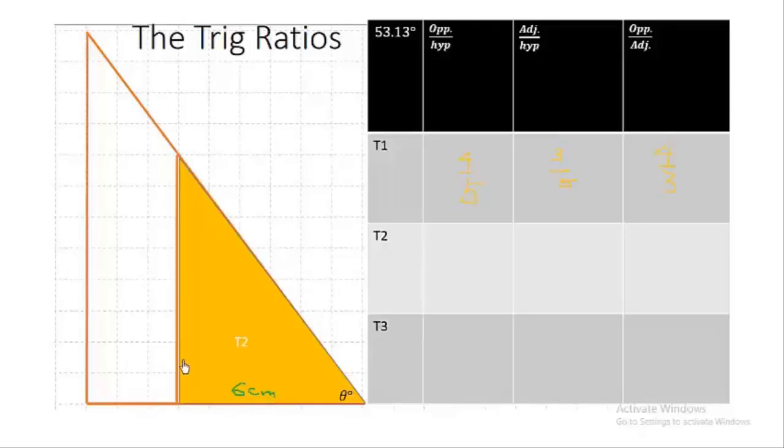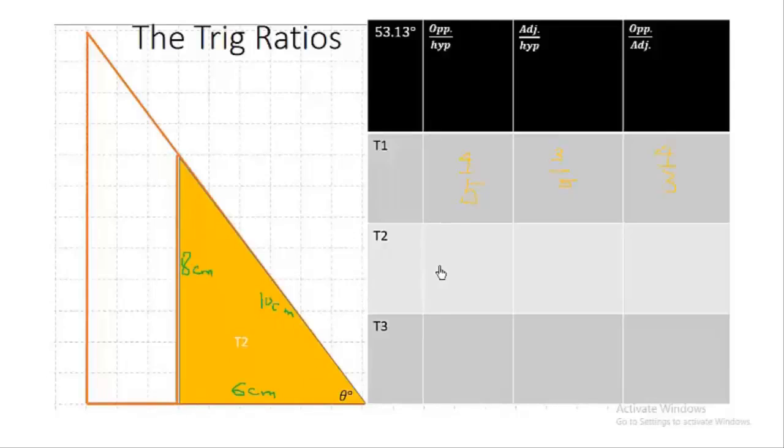Then this is 1, 2, 3, 4, 5, 6, 7, 8. So this is 8 centimeters now. Then this side will now be equal to 10 centimeters. So you can also measure the size of your right-angled triangle.